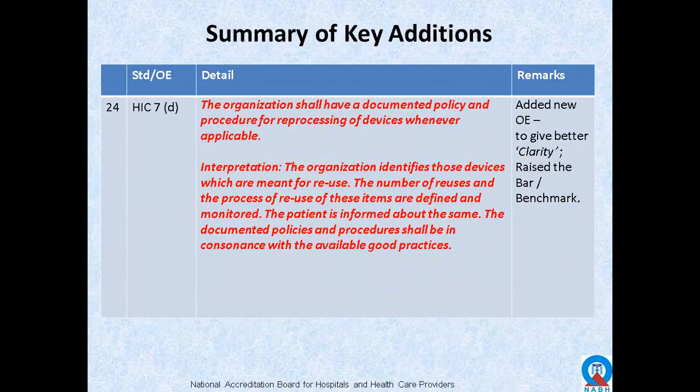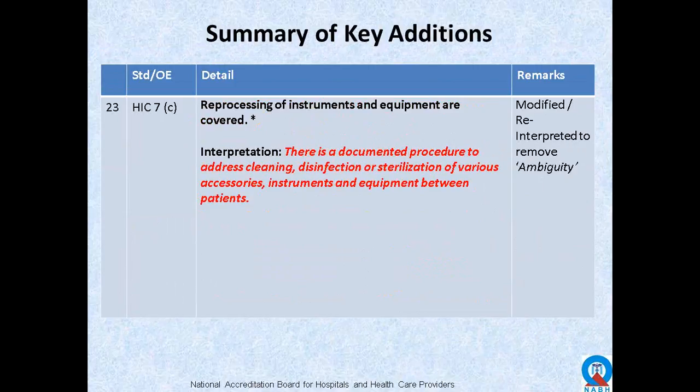The organization shall have a documented policy and procedure for reprocessing of devices where applicable. So this is a new objective element. Just for clarity, the other one is reprocessing of instruments and equipment. For example, you use an endoscope.